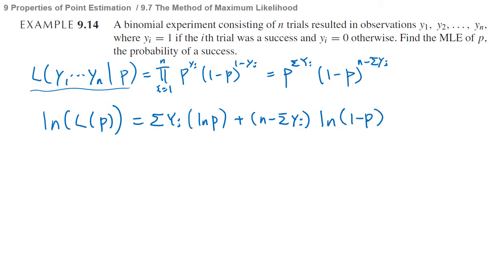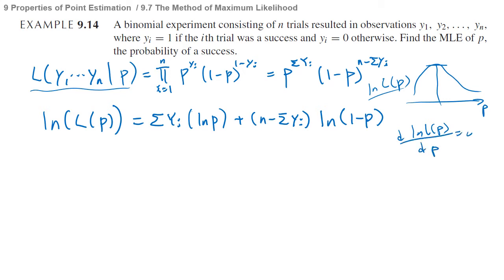To find the value that maximizes this, the shape of the function may be something like this. This is the shape of L(p) and ln L(p), and to find the maximum value, the trick is to take the derivative with respect to p. Setting d ln L(p)/dp equal to 0 and solving for p, we can calculate this p hat.